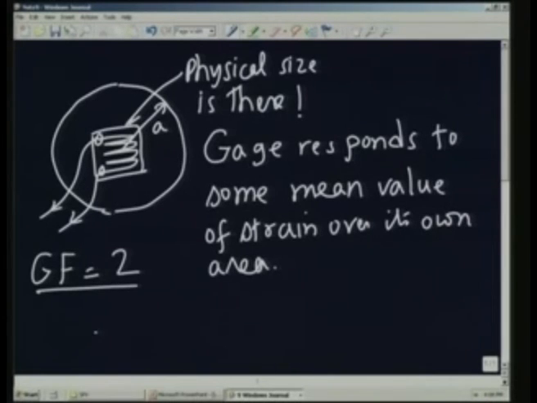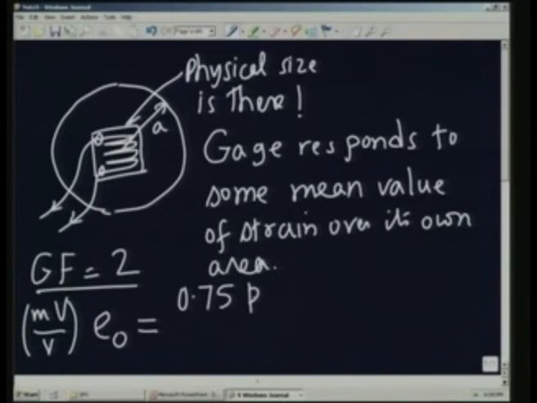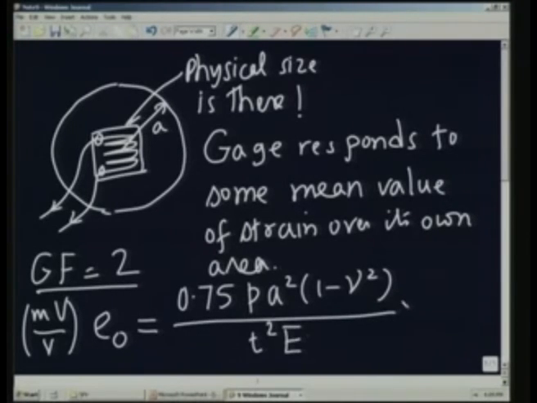If I do that, the average value of the gauge output in terms of millivolts per volt, this E naught is the gauge output in millivolt per volt, I will explain it a little later, is given by 0.75 P A squared into 1 minus nu squared divided by T squared multiplied by E into 10 to the power of 3. So many millivolts per volt.